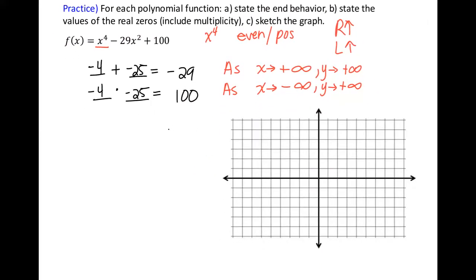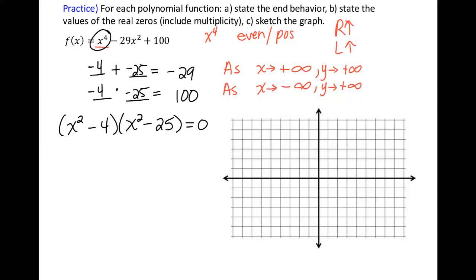So we're going to split our trinomial into two binomials. That's to the fourth, so split in half is x squared minus 4 and x squared minus 25 equals 0. So again, you can check for dots, but if you prefer doing it like we did yesterday, like adding 4, then taking the square root, adding 25, taking the square root, you can do that also. But for the purpose of this lesson, I think it's easier to just do dots.